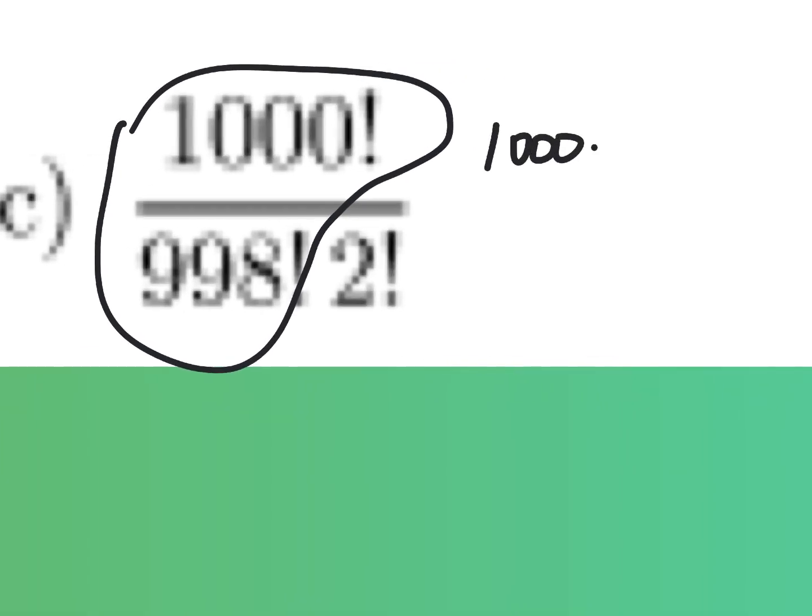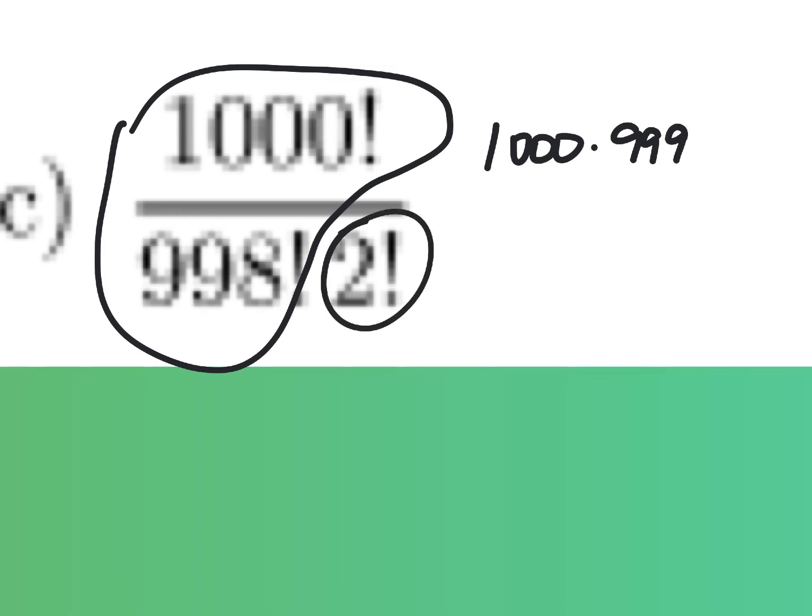Almost everything cancels, right? Wouldn't that top one be 1,000 times 999? And then the 998s and on will cancel, so it's just 1,000 times 999. That's not that bad. Oh, wait, but there's a divided by 2.